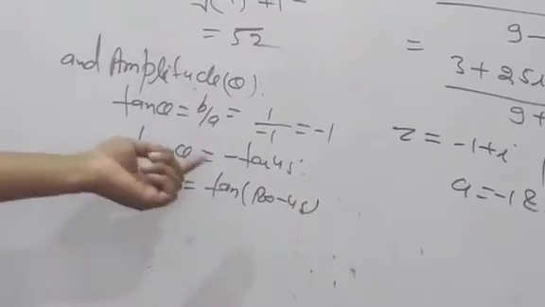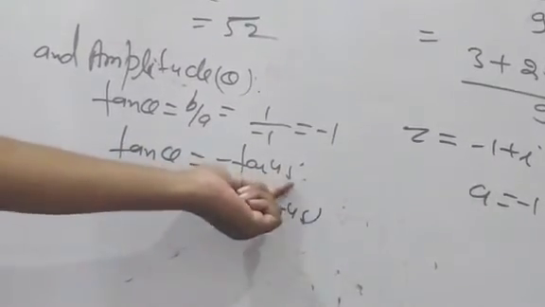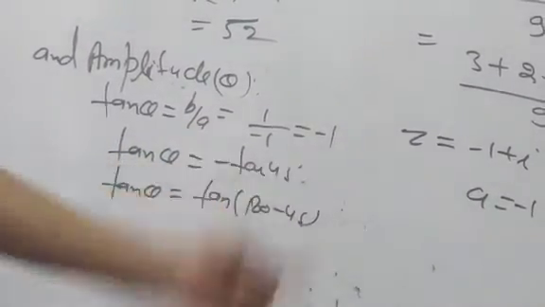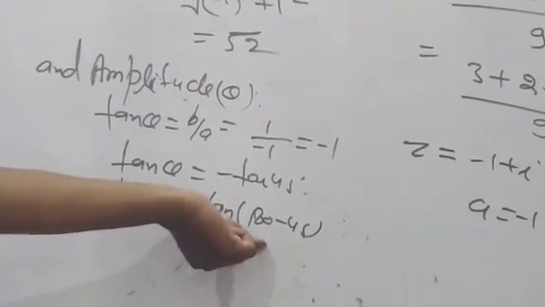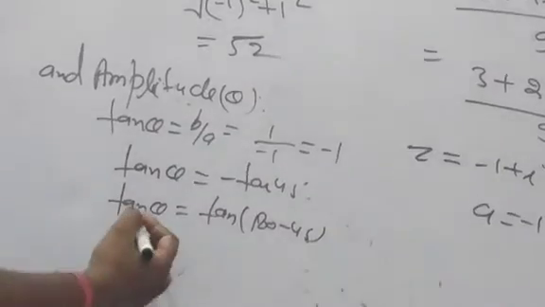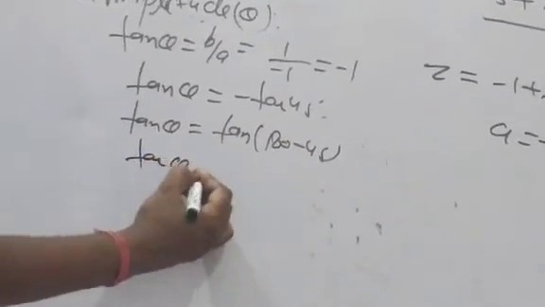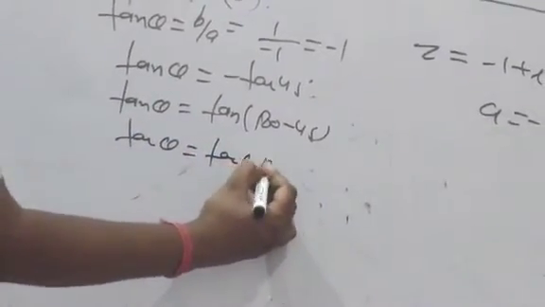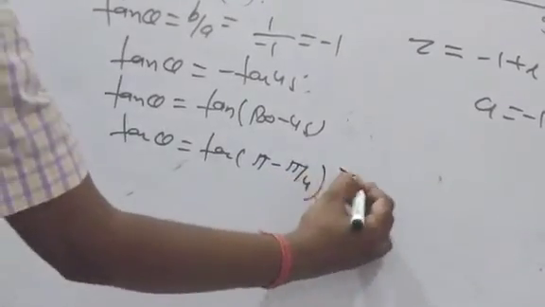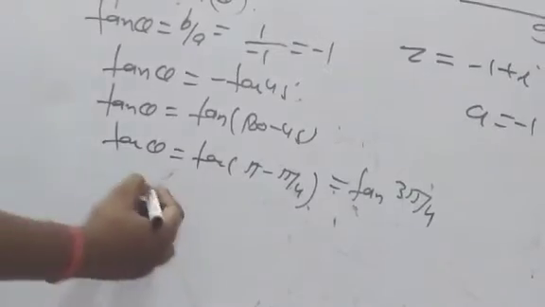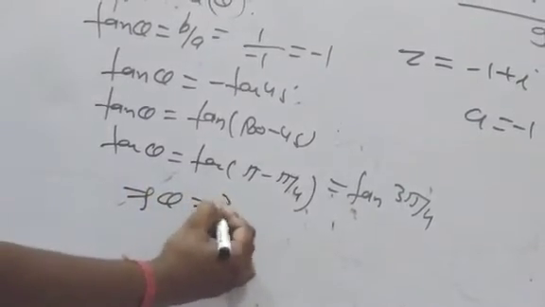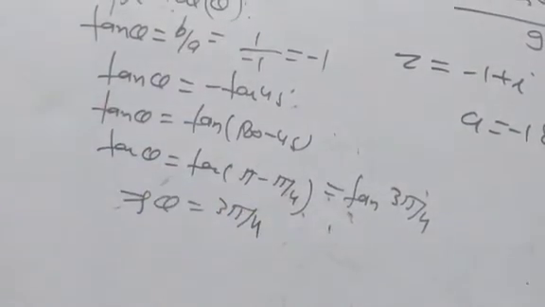Why? Because tan of 180 minus theta is equal to minus tan theta. This is in the second quadrant, so it is less than 90 degrees. Therefore tan theta is equal to tan of pi minus pi by 4, that is tan 3 pi by 4. Understood? And theta is equal to 3 pi by 4.